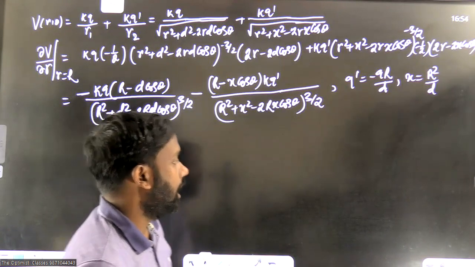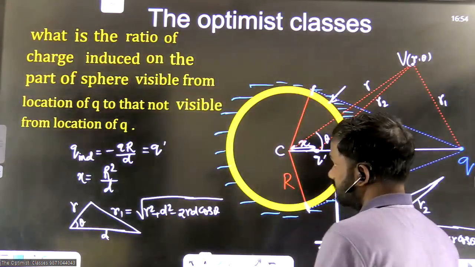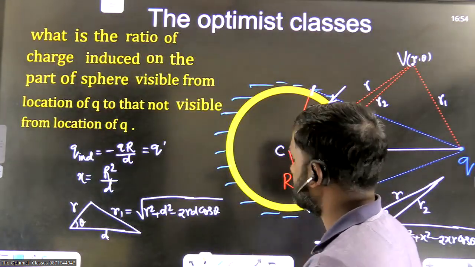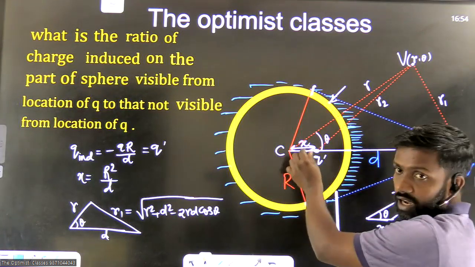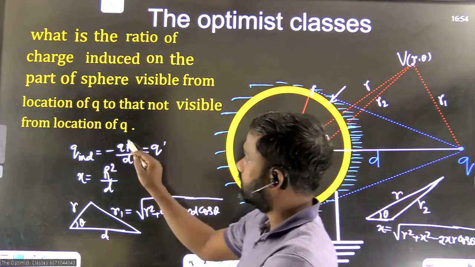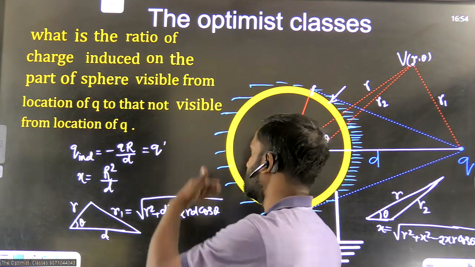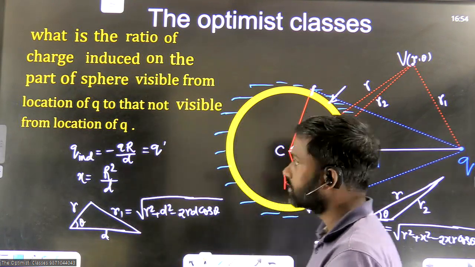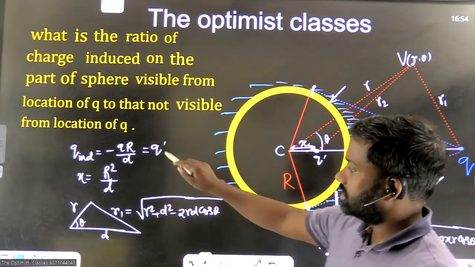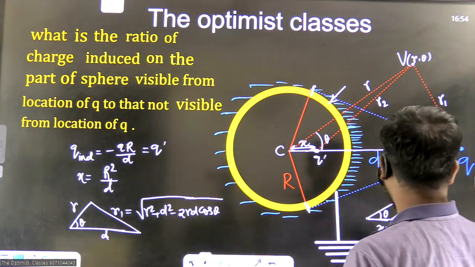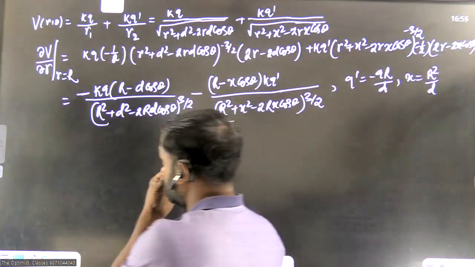It is also a well-known result that when you ground a sphere, we can just calculate the potential at the center to prove that the total induced charge will be equal to minus qR by d, and the image charge is also equal to that much. So these are the standard results that I'm using here. Now let's see.